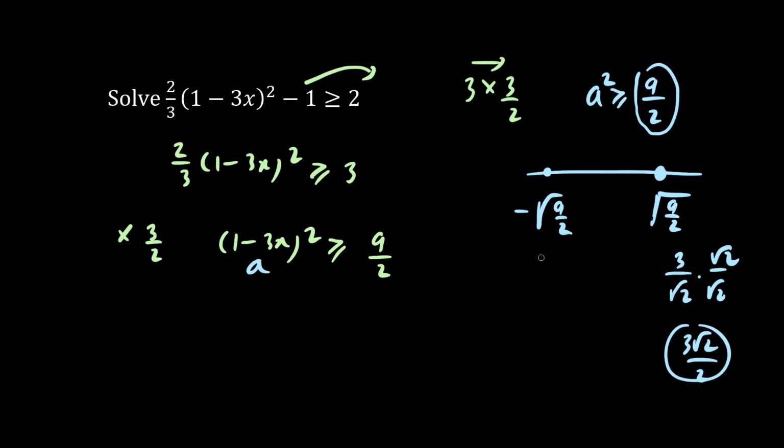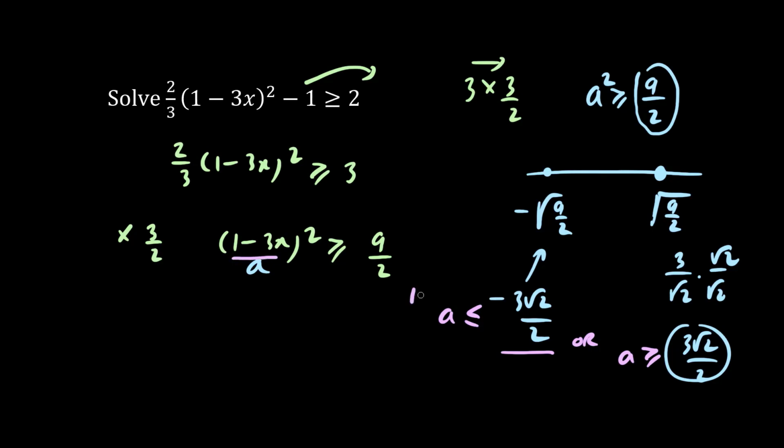Towards the right and towards the left, this is equivalent to negative 3 root 2 over 2. So we have a is less than or equal to this value, or a is greater than or equal to this value. Recall that a is 1 minus 3x.